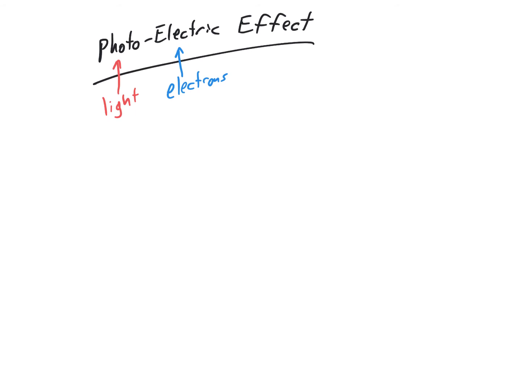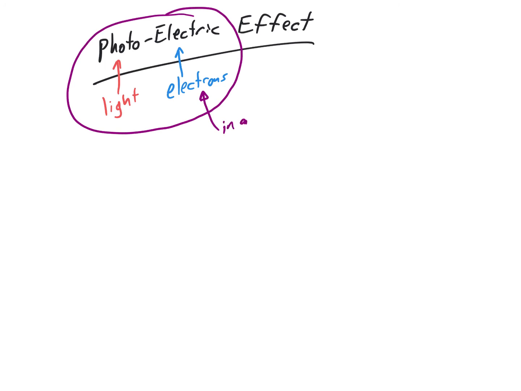Okay. And more so than that, it's about a way, not every way, but a way that they can interact. Specifically when we're dealing with electrons in a conductor, or rather on a conductor.